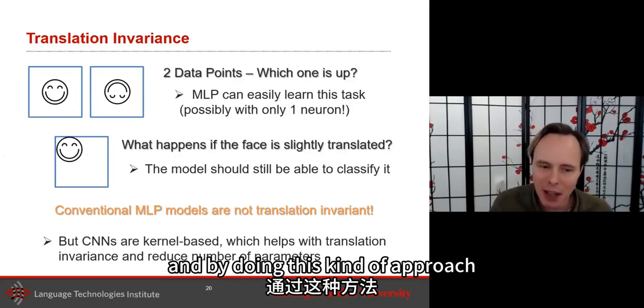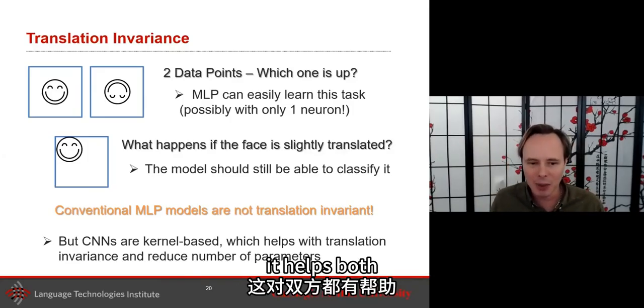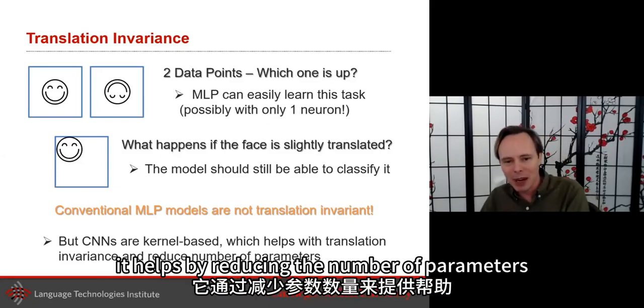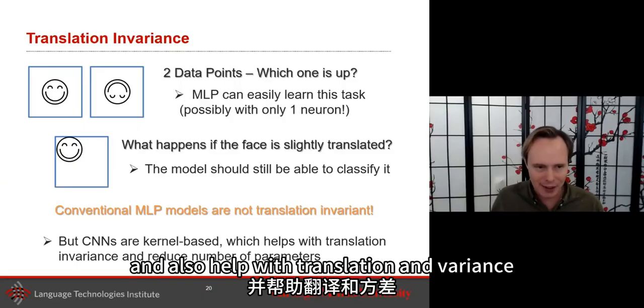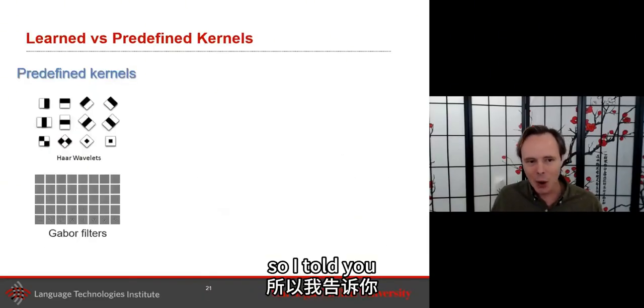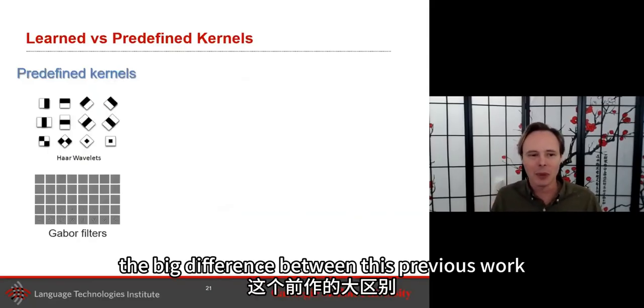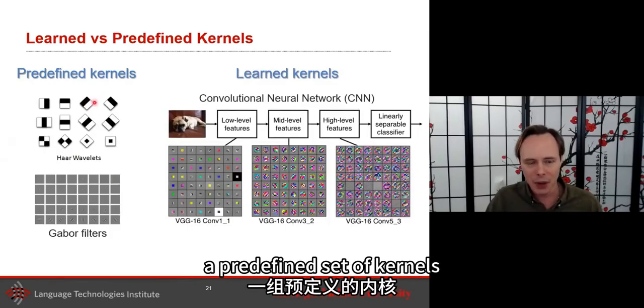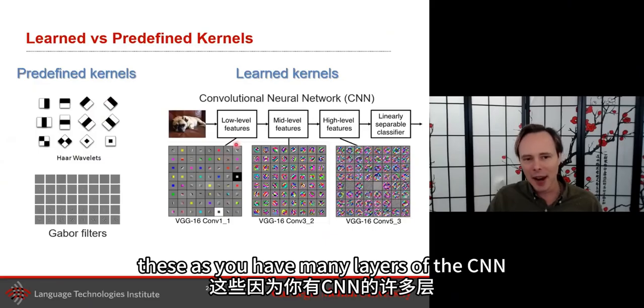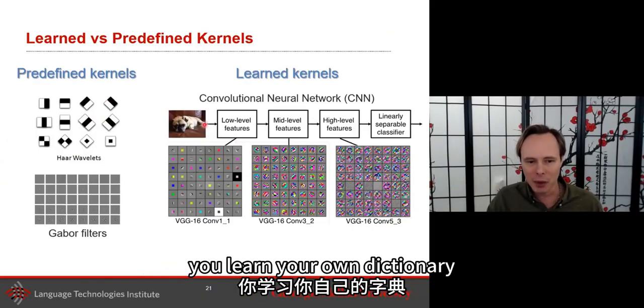And by doing this kind of approach, it helps both by reducing the number of parameters and also helps with translation invariance. So I told you the big difference between this previous work and the CNN is that the CNN, instead of taking a predefined set of kernels, as you have many layers of the CNN, you learn your own dictionary.